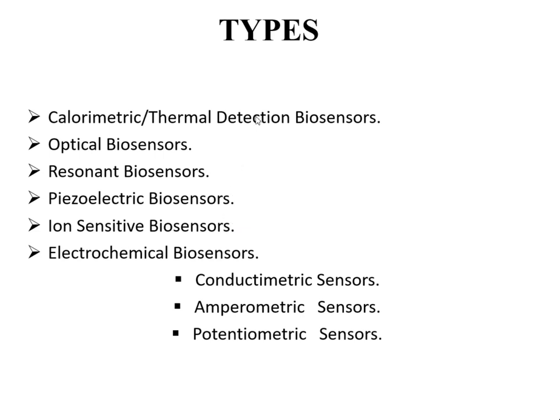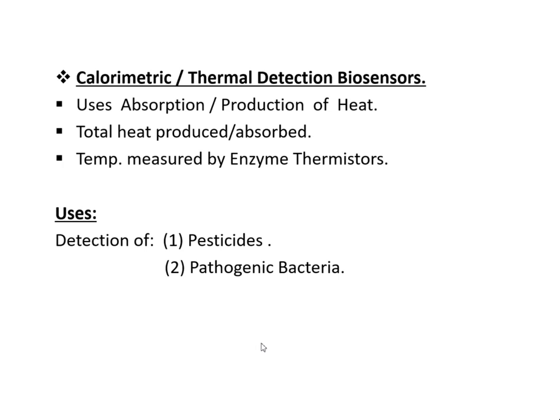There are many types of biosensors. They are calorimetric or thermal detection biosensors, optical biosensors, resonant biosensors, piezoelectric biosensors, ion sensitive biosensors, and electrochemical biosensors. There are different types of electrochemical biosensors: conductometric, amperometric and potentiometric sensors.